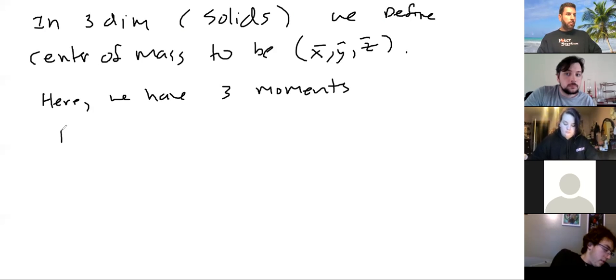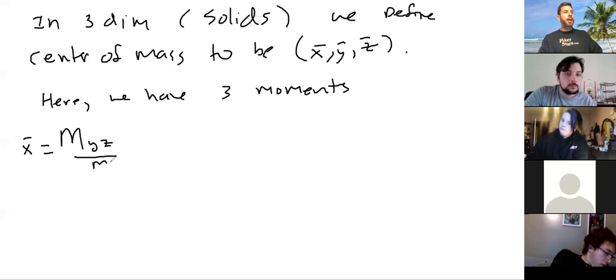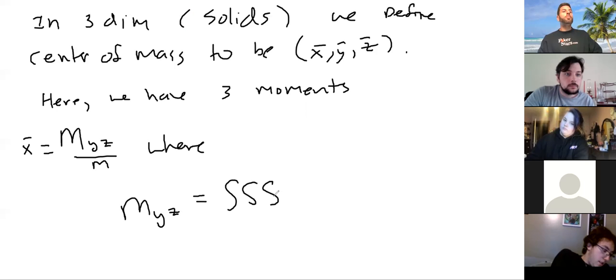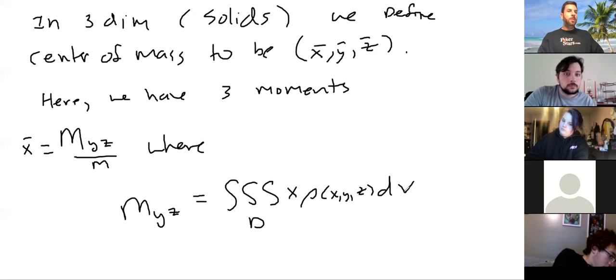So the first moment, if you want to do for x, you might have x bar equals M sub yz over m. Notice that there's patterns to how these things work. So now you have a triple integral. And those subscripts tell us what? Well, they tell us what letters, and one way to think about it is, do not show up in this integral. And I'm not going to write the other ones down because the pattern is the same. You can find it in your book.